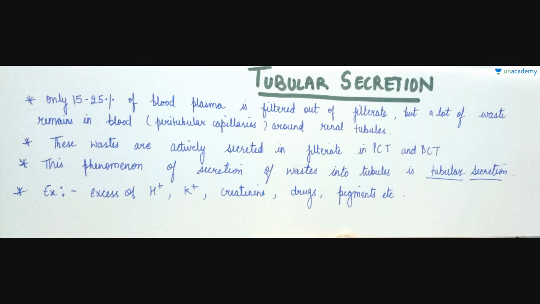So this is also important for our body because some useful substances are present in the filtrate that need to be reabsorbed. Also, if our body is at a compromised state, that means when the water intake is less, then there are specialized hormones which can help us to recover, and the later parts, that is the DCT and the collecting tubules, are going to reabsorb water and release a highly concentrated urine.